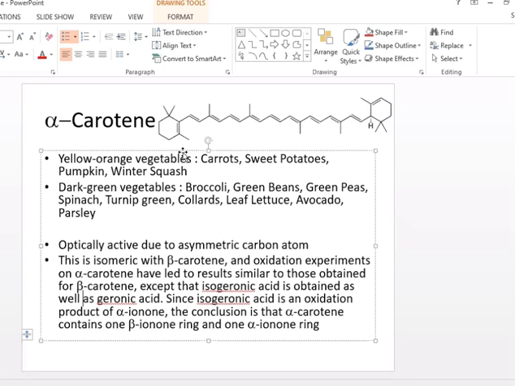This is isomeric with the beta carotene, and oxidation experiments on alpha carotene have led to results similar to those obtained from the beta carotene, except isogeronic acid is obtained as well as geronic acid, since isogeronic acid is an oxidation product of alpha ionone, and the conclusion is that alpha carotene contains one beta ionone ring and one alpha ionone ring.